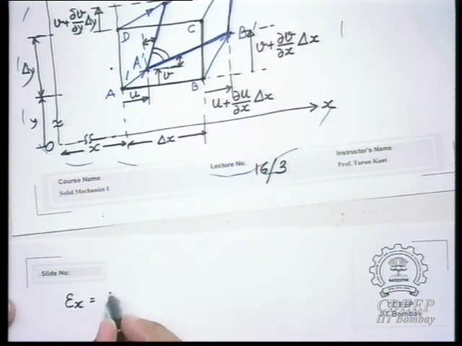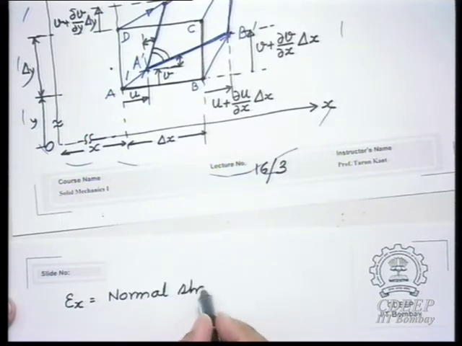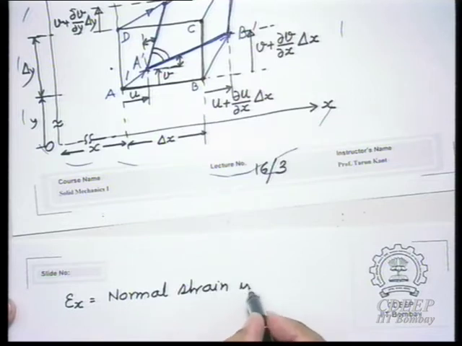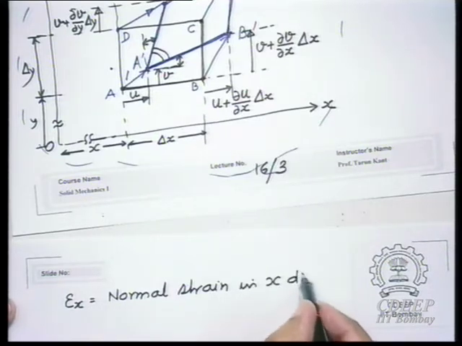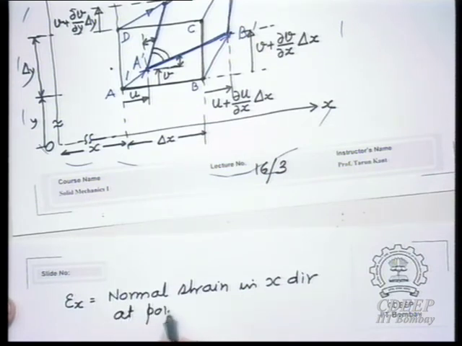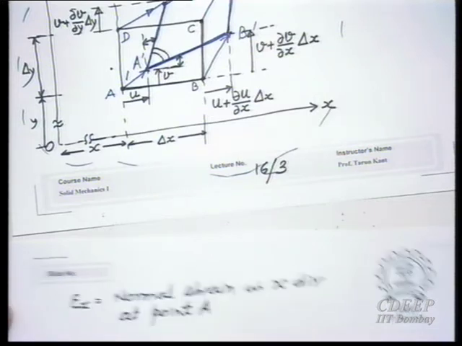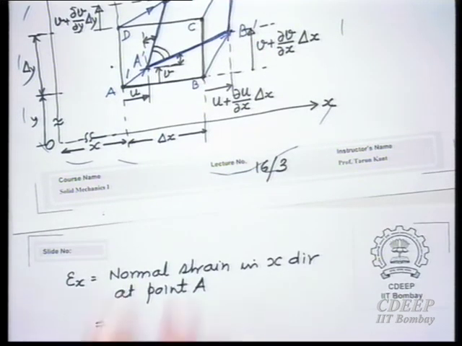Epsilon x, in x direction at point A. Again, there is no concept of average strain over the entire element. You have to have strain at a point, just like stress at a point, strain at a point. So we are talking of point A.